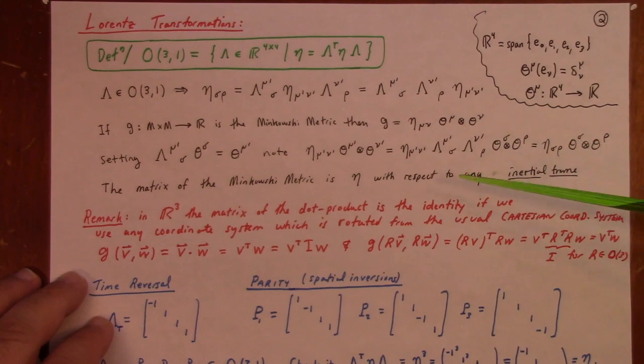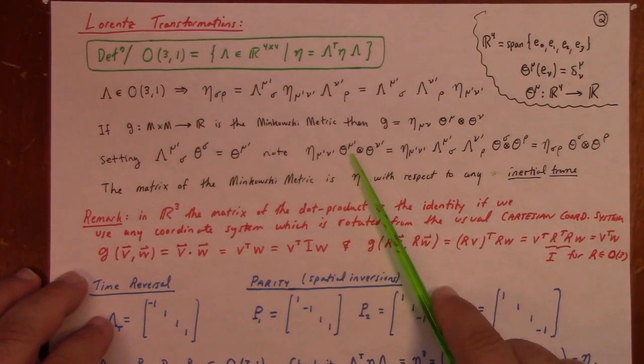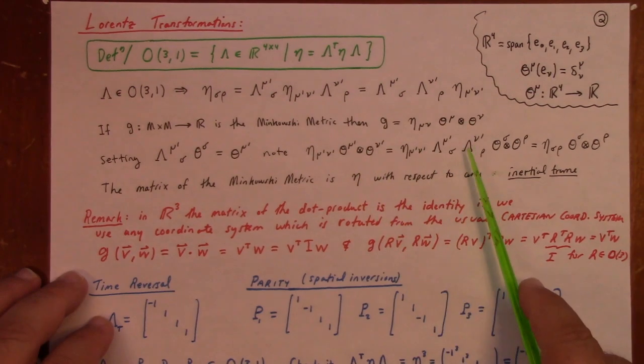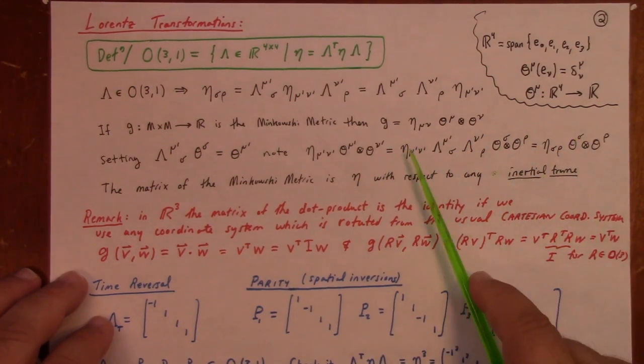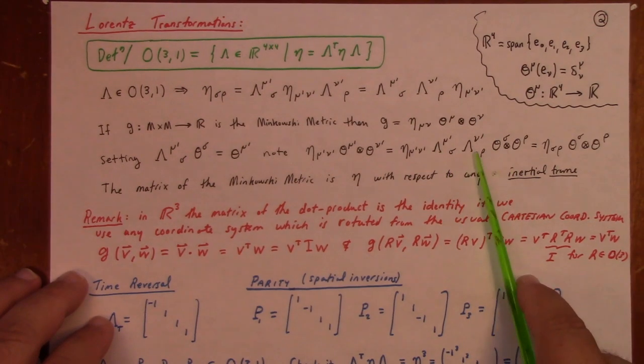Alright, enough words. Then when we transform the dual basis, we'll learn that the way the dual basis transforms is by a Lorentz transformation like so, and like so.